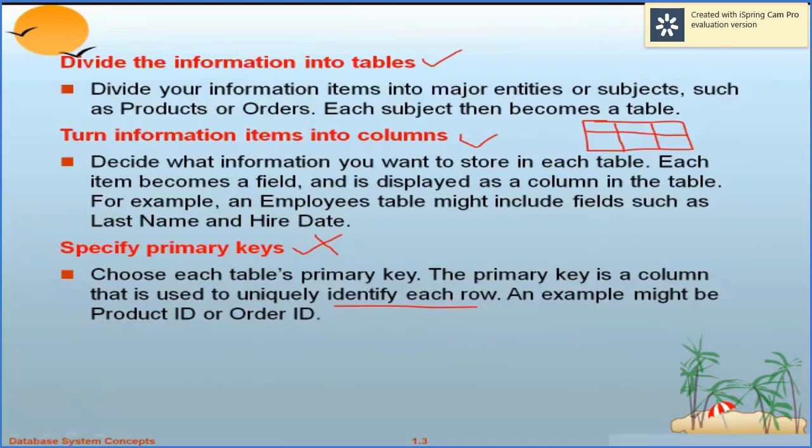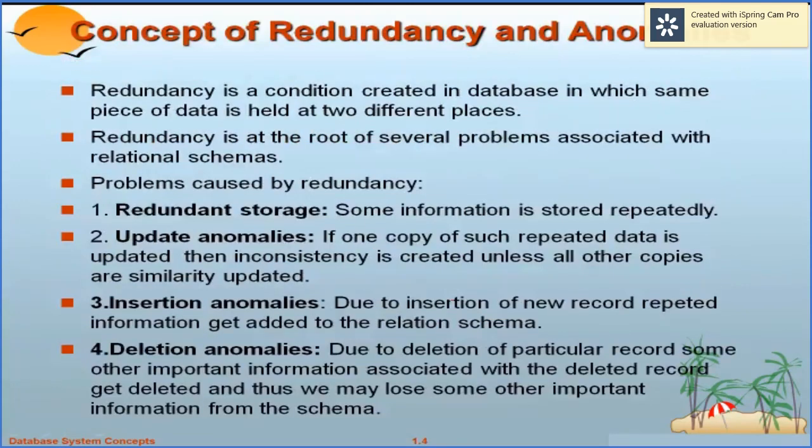Let's move on to the main topics of this particular unit, that is database design. The first and important topic is about redundancy and anomalies. Let me tell you what is meant by redundancy first. Like we just spoke, it is a duplication of data. It is a condition where you create the database with the same piece of data at different locations.